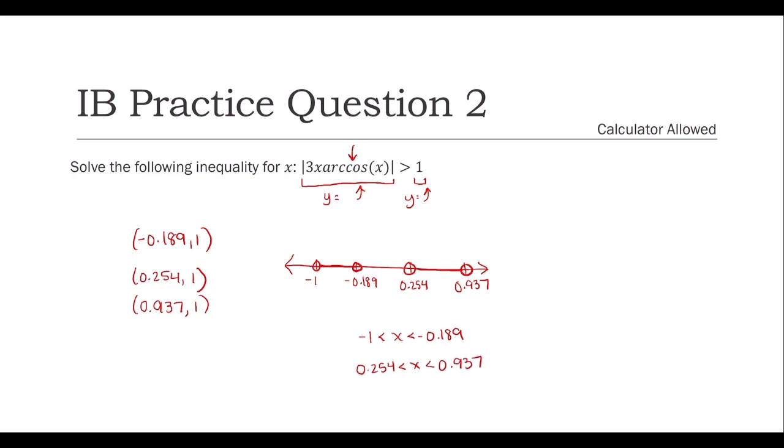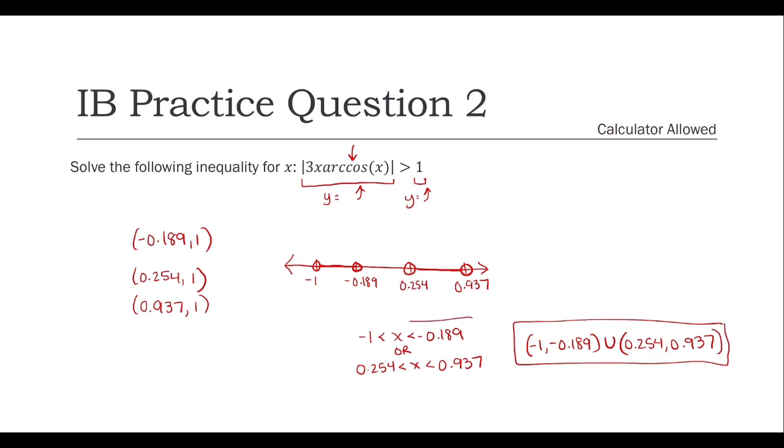So x can be any of those first values or any of these second values. You can also write that in interval notation as negative 1, comma negative 0.189, union 0.254, comma 0.937. So there's your solution to that problem.